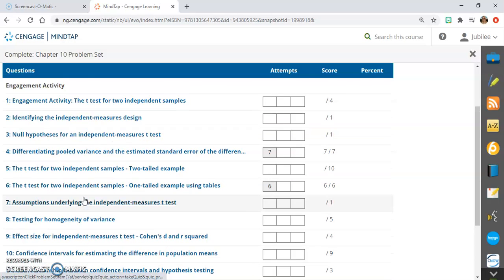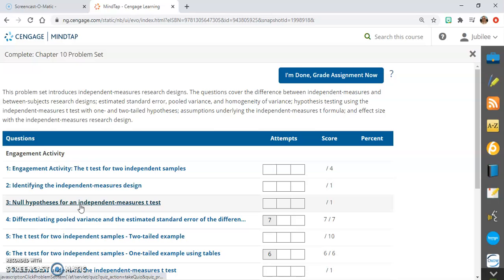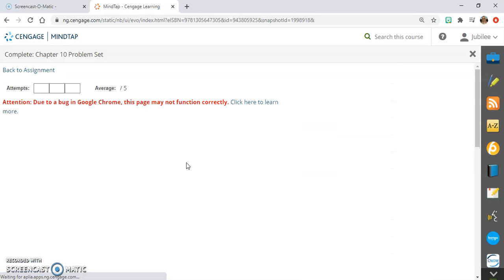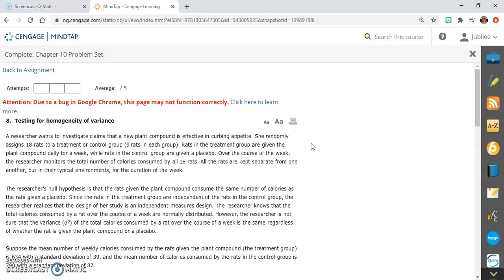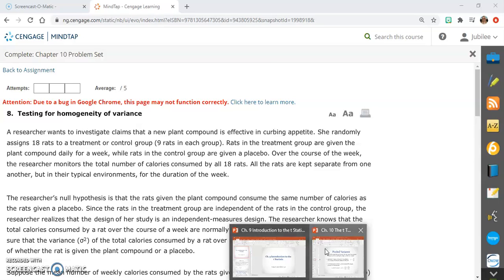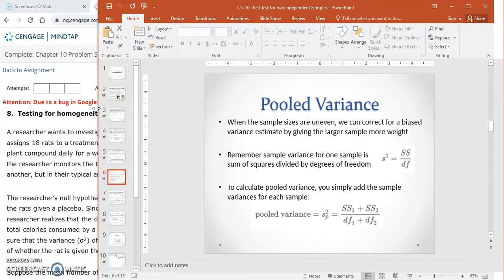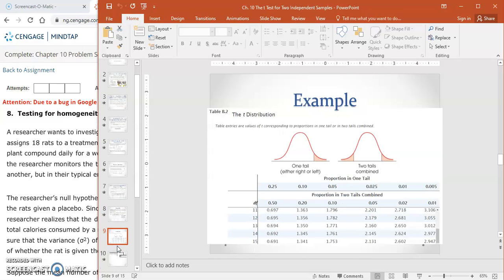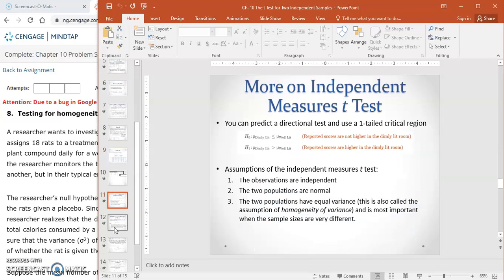Hey y'all. Okay, we're still here in the chapter 10 problem set, and now I'm going to go over question number 8. This is testing for homogeneity of variance. If you remember from the PowerPoint, one of the main assumptions of the independent t-test is that the variance is equal, right?